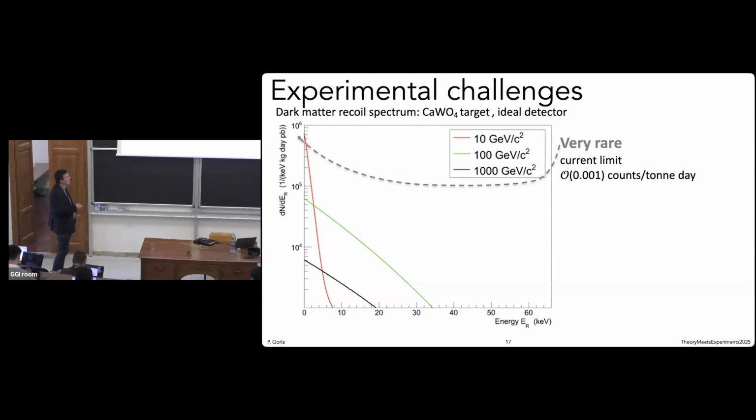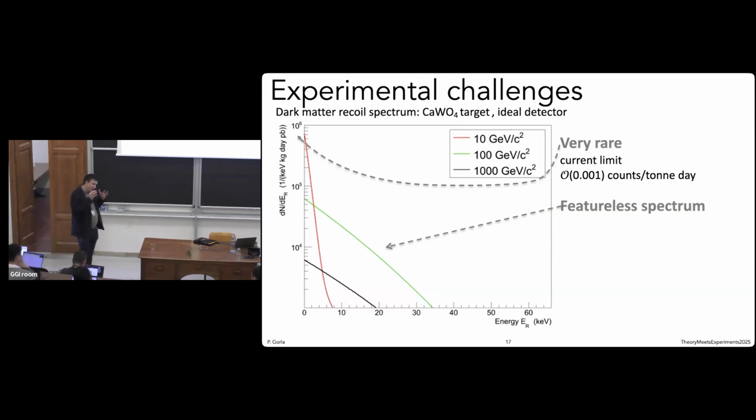So you're looking for events at present limit in the order of counts per ton per day and even lower. You have a spectrum with no special features, no special peaks that can help you disentangle, and this is at very low energy, typically at the threshold of the detector.